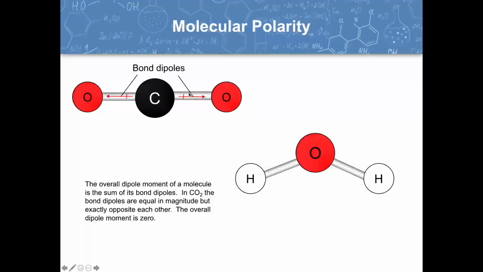Since the two bonds have polarities that are equal in magnitude but opposite in direction, their polarities cancel. So this is an example of bond dipoles that cancel. Therefore, it will result in no net dipole moment for the molecule. In general, this would be a nonpolar molecule because there is no net dipole moment.